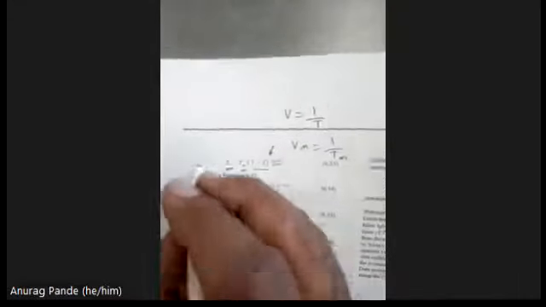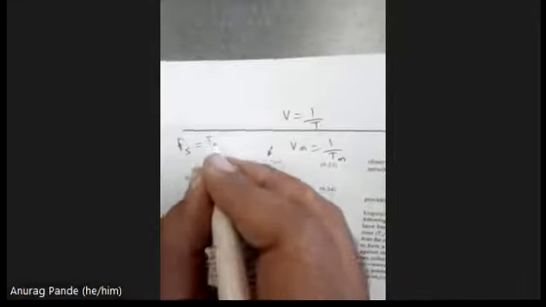And then the next step will incorporate 632. We'll take 632, which was nothing but Fs is equal to Ts over T, and plug that in there.